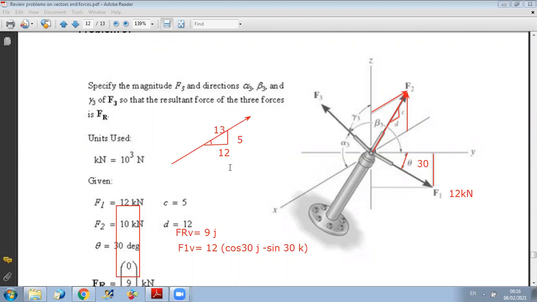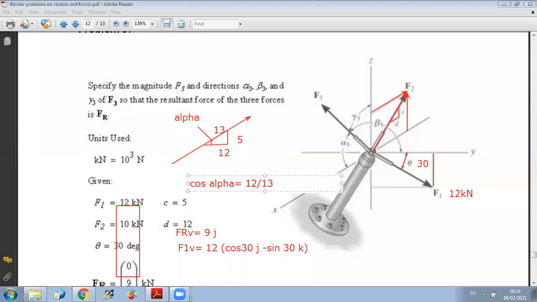So I can directly say that if I call this angle alpha, then cosine alpha is the adjacent length over the hypotenuse, so it's 12 over 13.